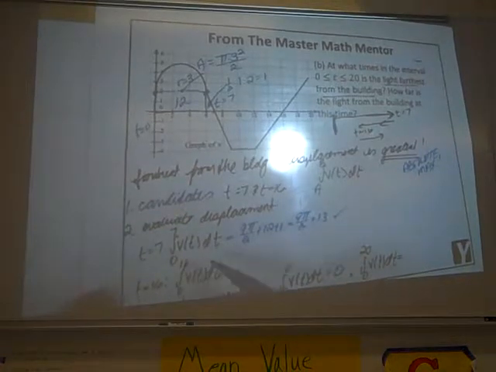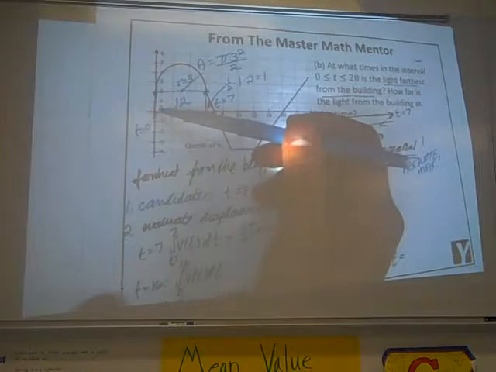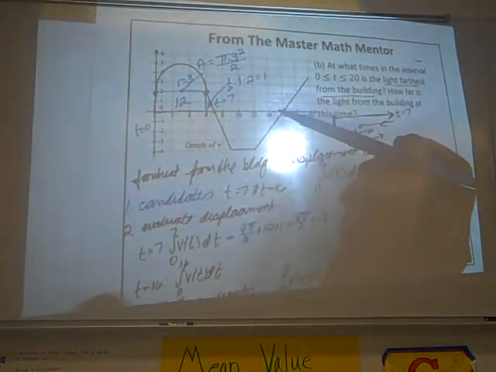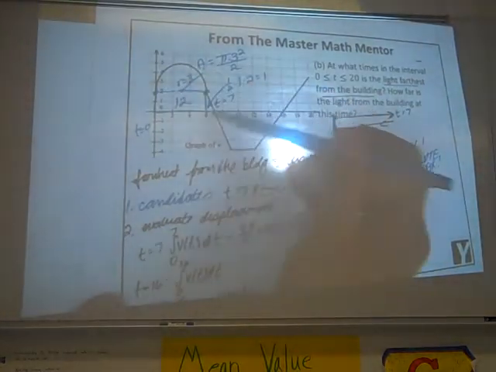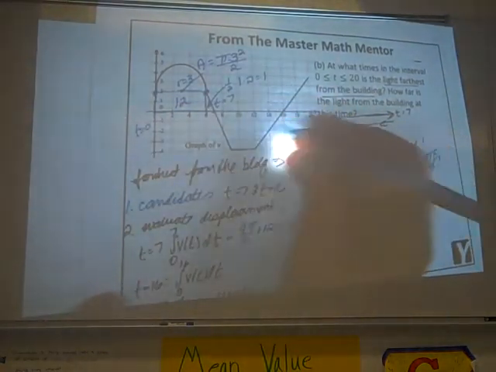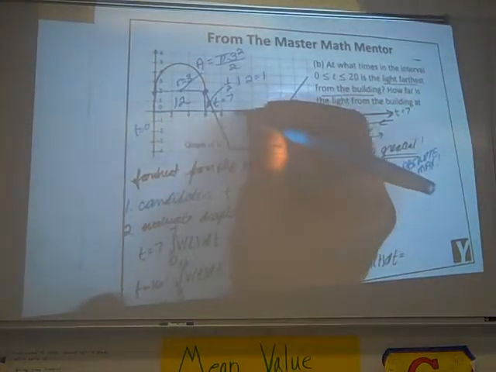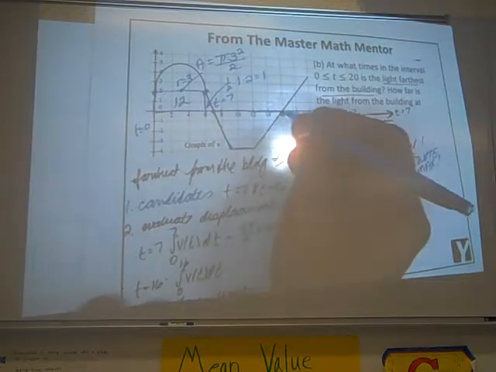To determine the displacement at t equals 16, now we go back to our graph and we're going to go from 0 all the way over here to 16. Well, what's new? We already know all this mess over here is 9 pi over 2 plus 13. The new piece is this area between 7 and 16. I can see that it's a trapezoid.